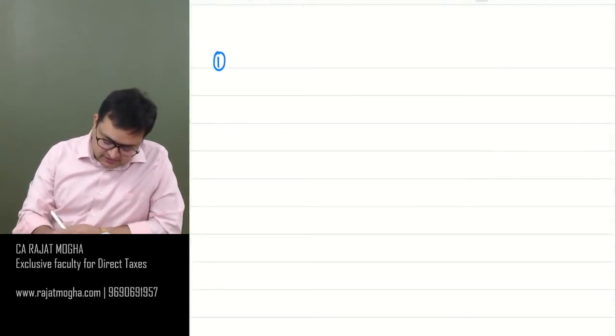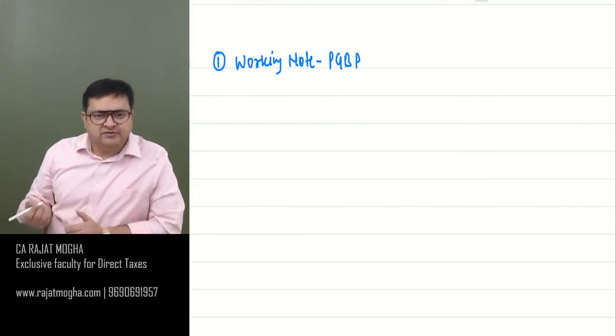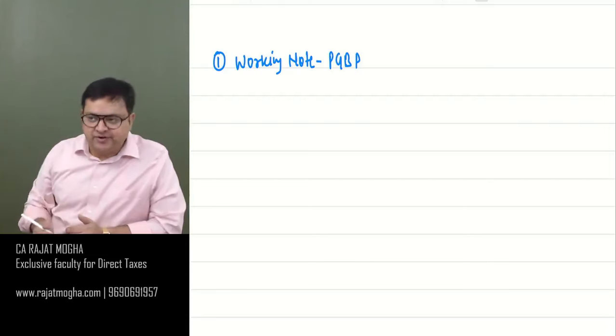So on the next page, start with your working notes. Working note, PGBP. How we compute PGBP? It's very easy. Now we all know there are 4 steps. Step number 1, start with your net profit.